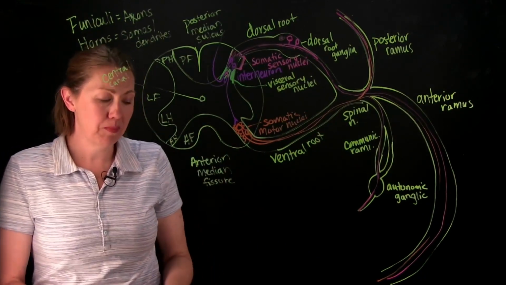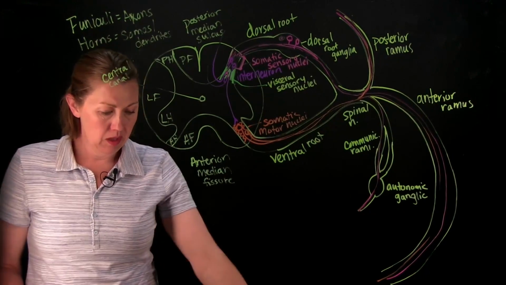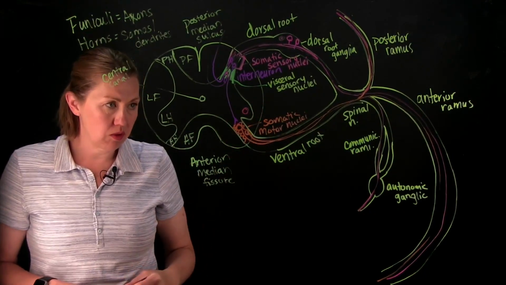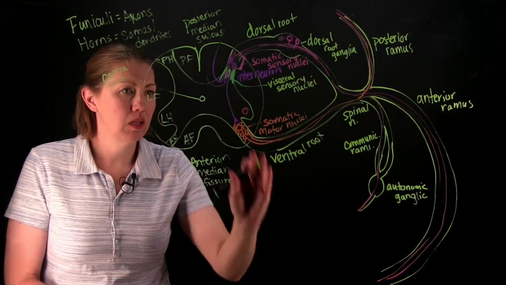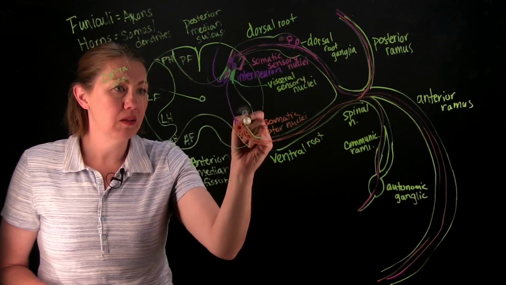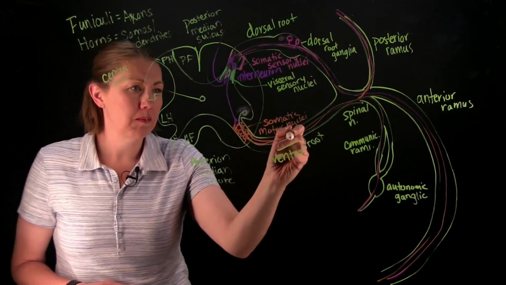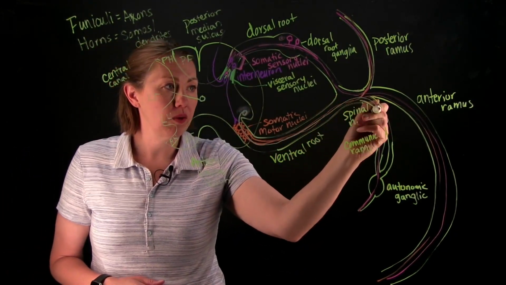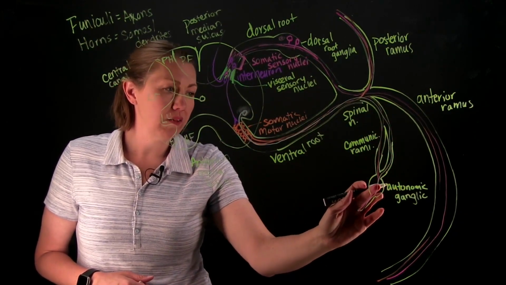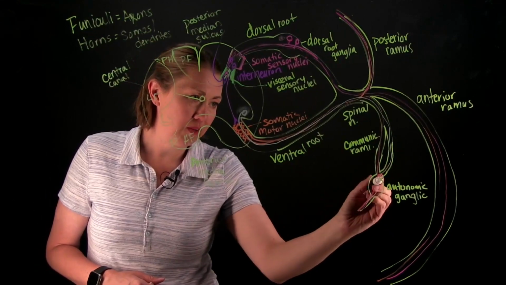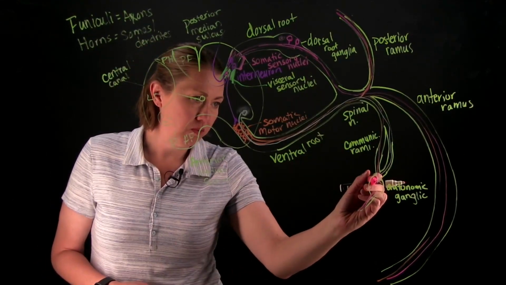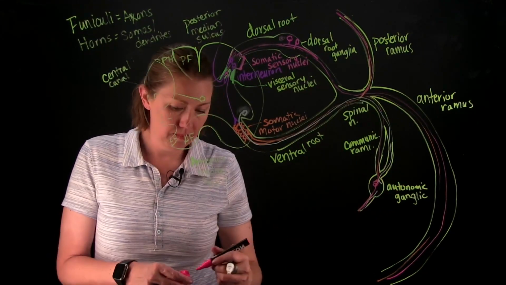And then our last place we haven't done yet is where we have somas. I've already used pink, so let's do a different color. Let's go with this one. So now we have somas going to maybe smooth muscle. So we're going to go into those internal organs. Maybe we're going to talk to muscle inside of our, and I probably should have shown this before, autonomic ganglia, right? The reason it's a ganglia is because we have other cells we're going to talk to. So here we do a little relay.